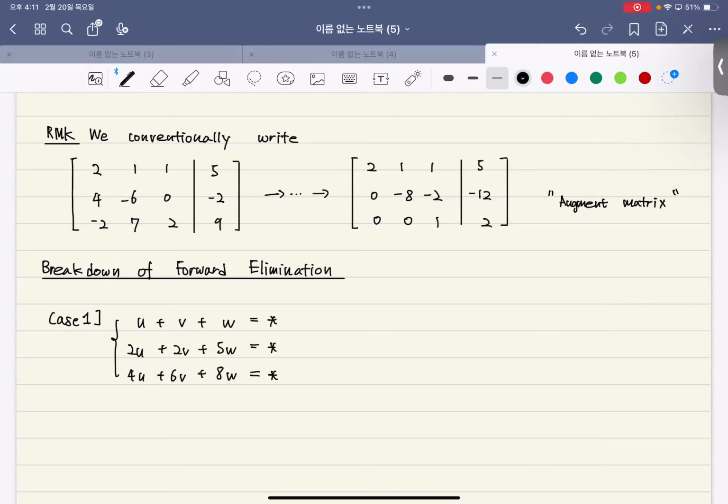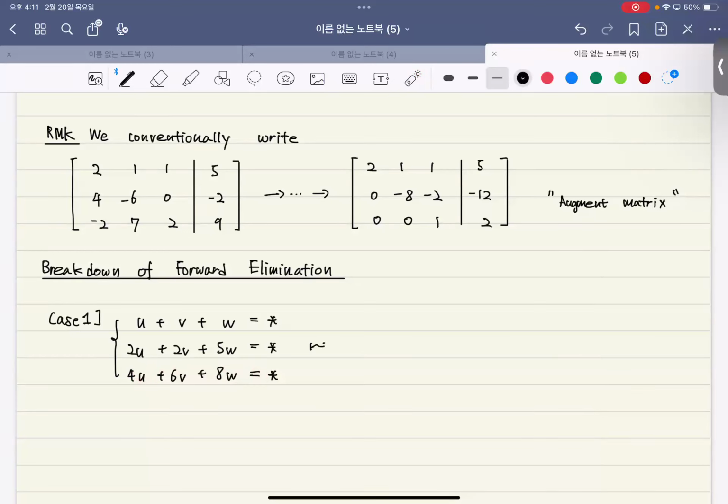Suppose that I have this system, and let me try to apply the forward elimination algorithm to it. First, I want to eliminate these two numbers. In order to do that, I multiply -2 to the first row and add it to the second, and I multiply -4 and add it to the third.